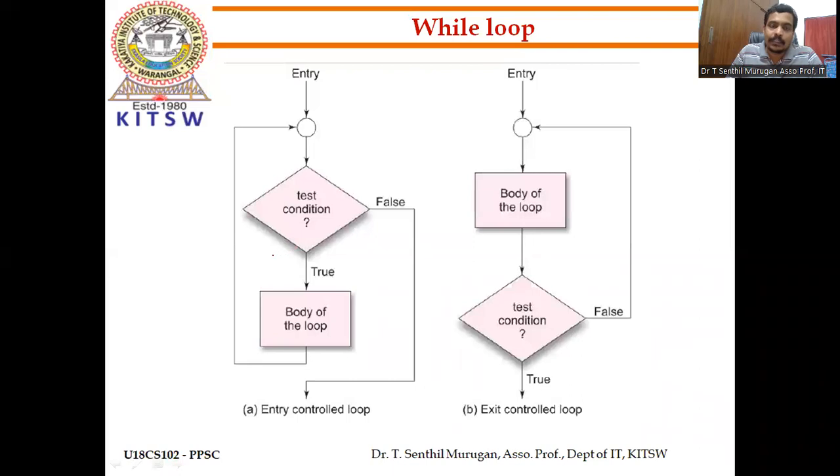This is a diagrammatic representation of the entry controlled loop and exit controlled loop. In an entry controlled loop, first it checks the condition. If the condition is true, the body of the loop is executed. Otherwise, it goes out of the loop. But in an exit controlled loop, first it executes the body of the loop, then checks the condition. If the condition is true, it will execute the body again; if false, it will go out.